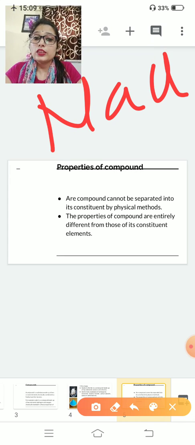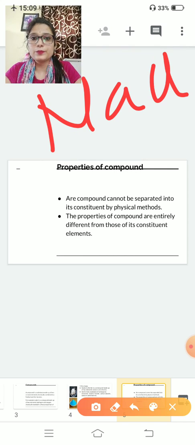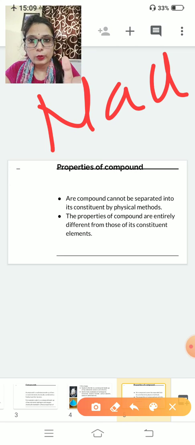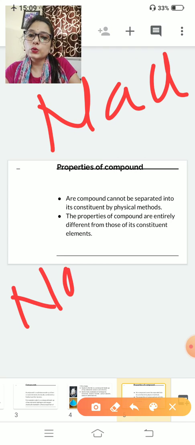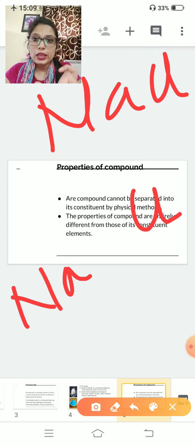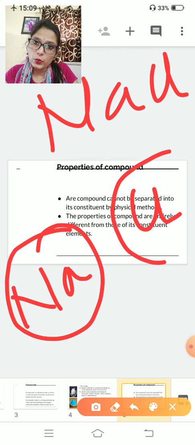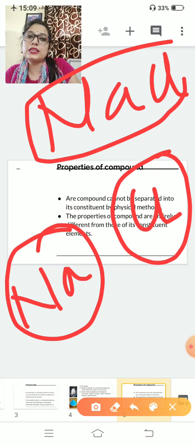Second property: the properties of a compound are entirely different from those of its constituent elements. Take the same example, NaCl. NaCl is a compound made up of two types of elements, one is sodium and one is chlorine. If we see the properties of sodium and of chlorine, they are entirely different from the properties of NaCl.